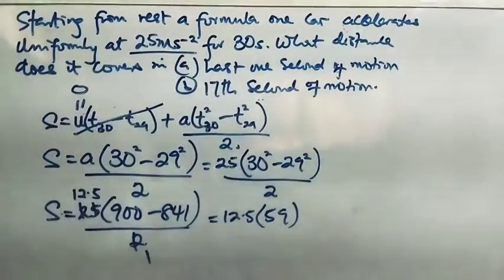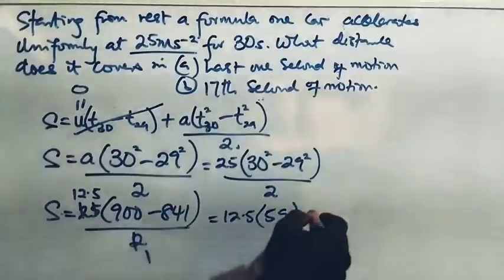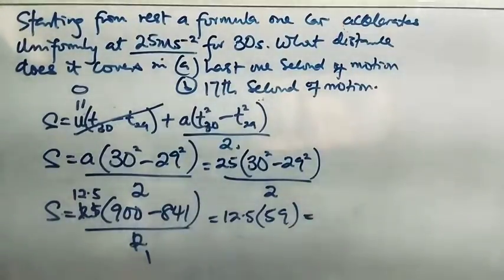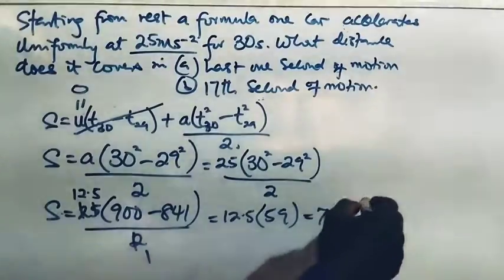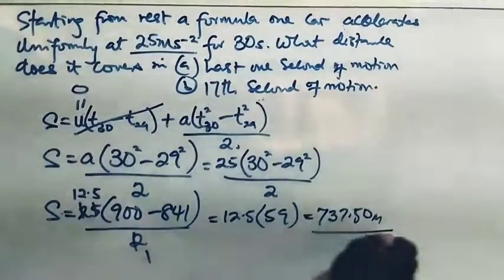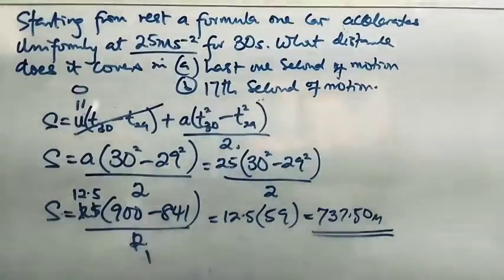When you multiply these together using the calculator, we have 737.50 meters. All right, so we've answered the first question, so let's move on to the next question.